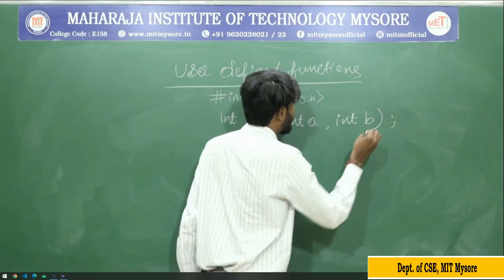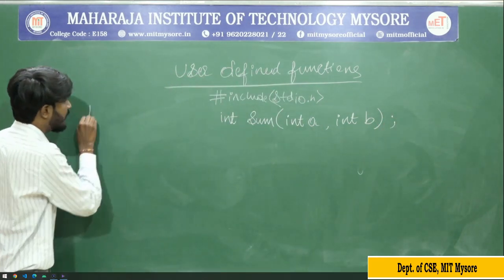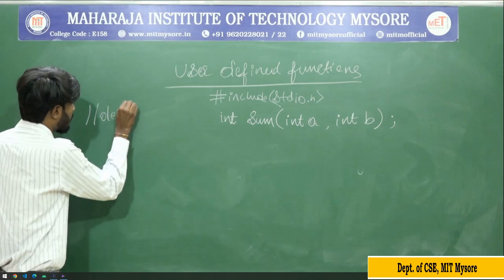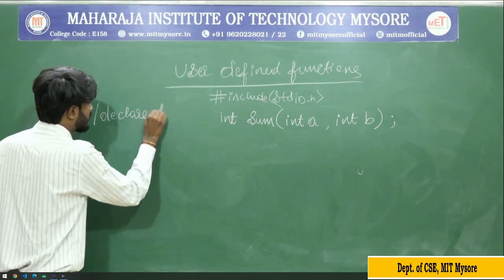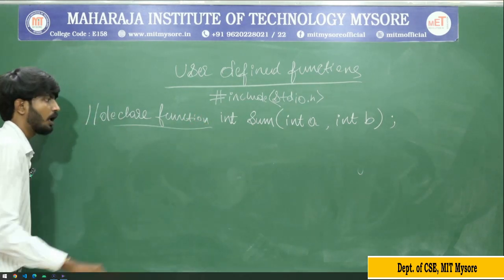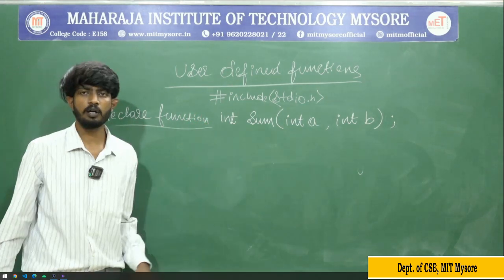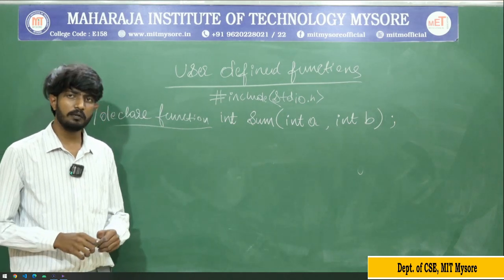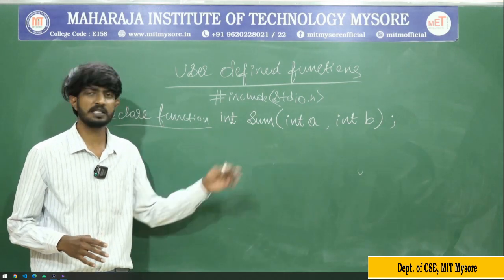So this is where you declare your function. You need to declare this function. If you do not declare it, the sum will not be executed. It will show an error if you call this sum.